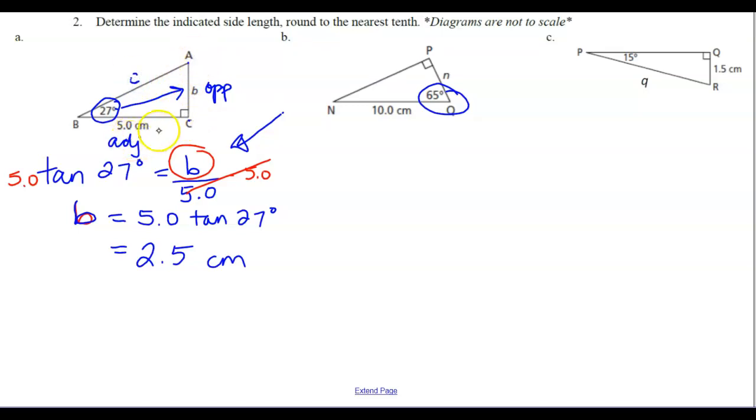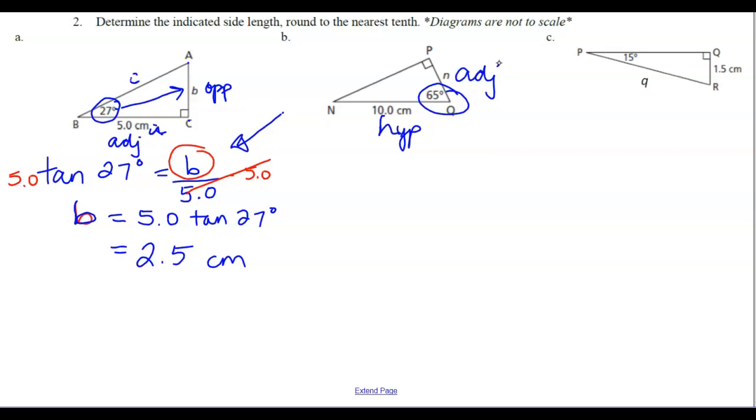Side opposite A would be lowercase a. Okay, so if you're not sure, use that method. So here, compared to Q, this is the hypotenuse. It's the longest side. It's opposite the 90 degrees. And N touches angle Q, so that's adjacent.